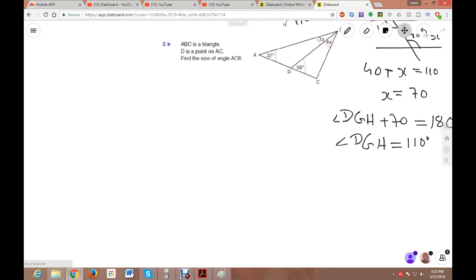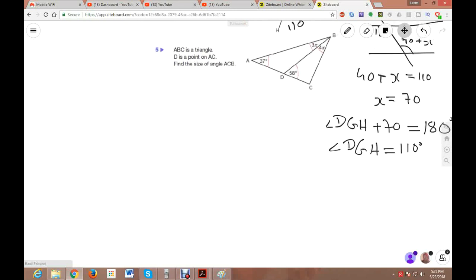Here, ABC is a triangle, D is a point on AC, and make sure it's not a midpoint. It is the IDP, internal division point. Find the size of angle ACB. ACB, this is the angle that you have to find out.